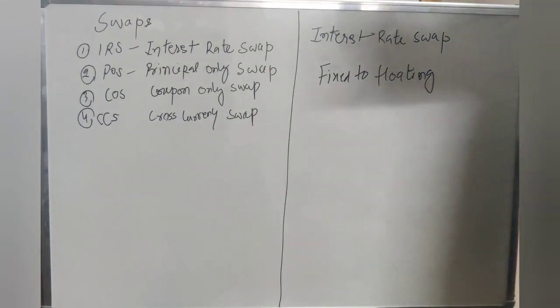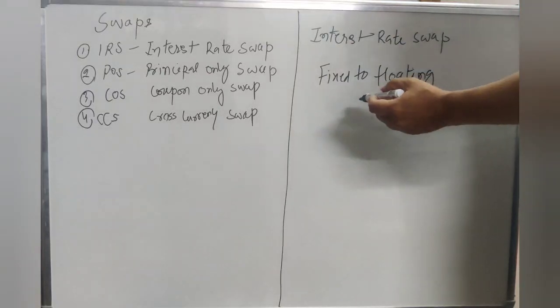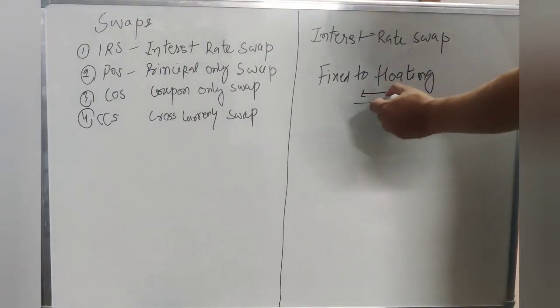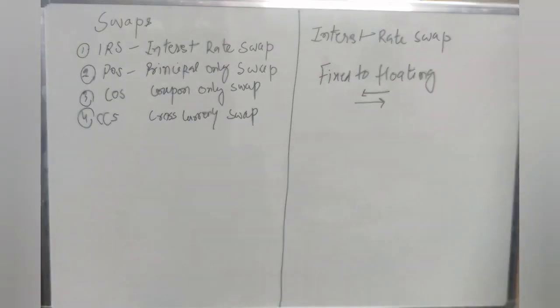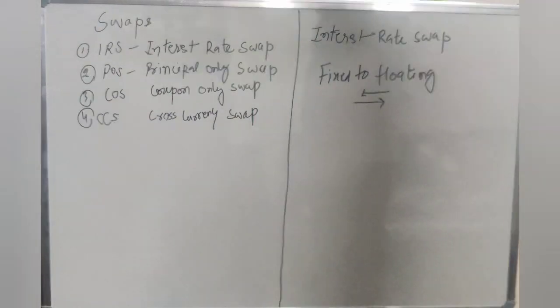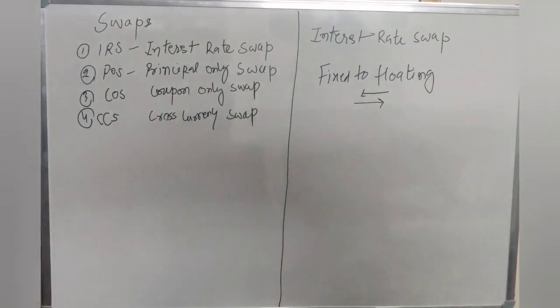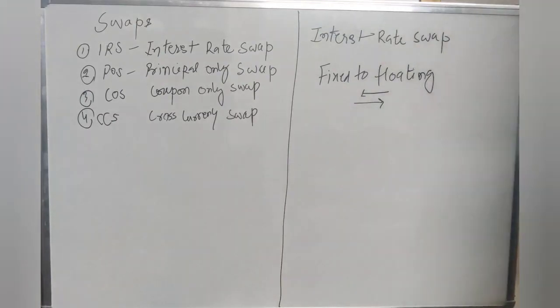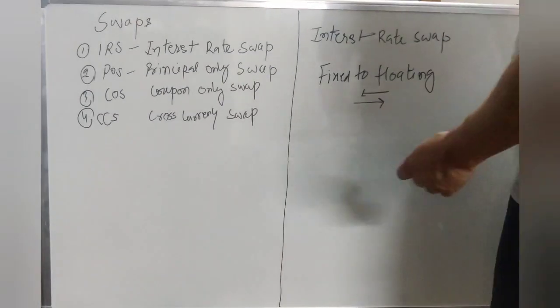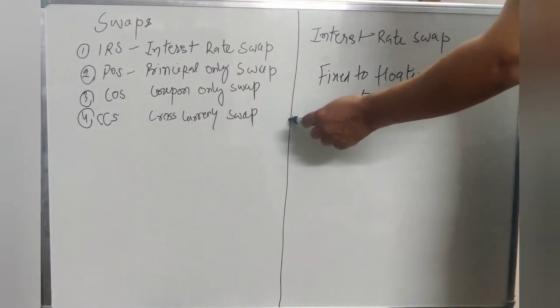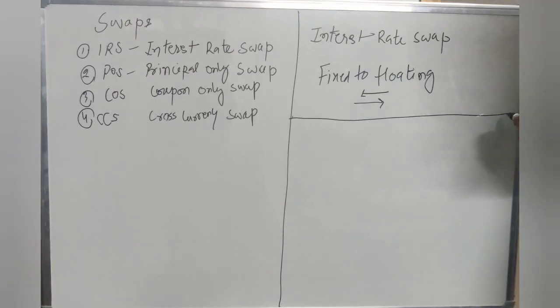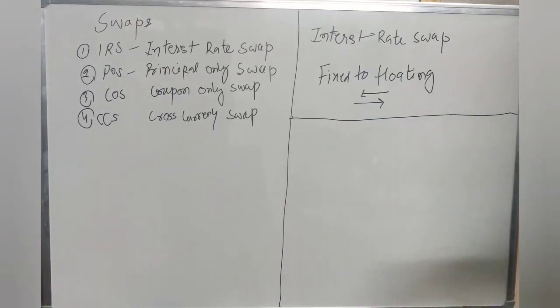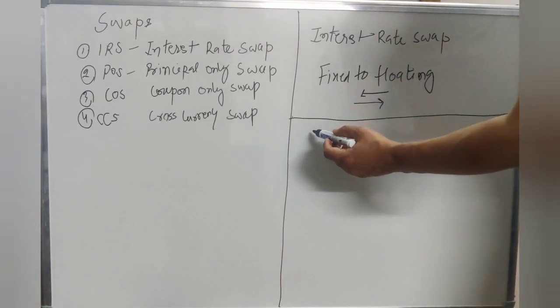Interest rate swaps are of two types, that is fixed to floating from a customer perspective, or floating to fixed. These swaps are generally used for hedging the interest rate risk of a balance sheet by the banks or by the corporate.